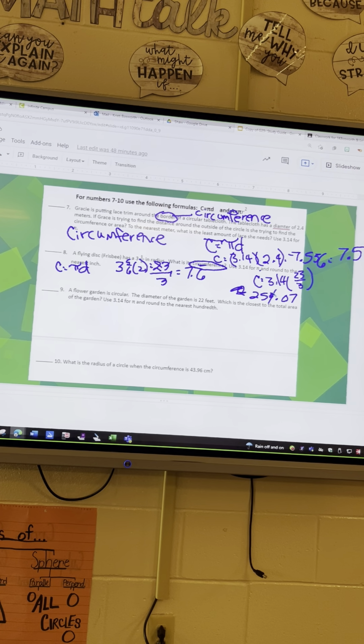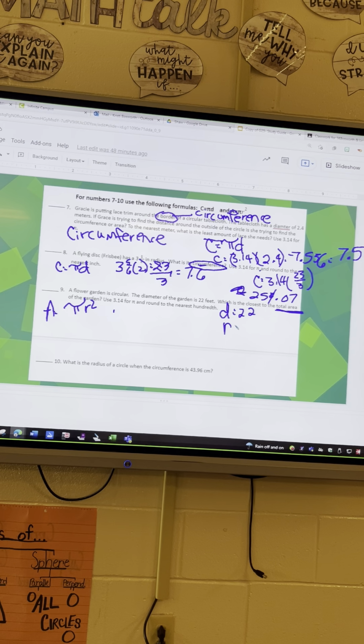A flower garden is circular. The diameter is 22. What is the closest total area of the garden? Let's underline total area. The area of a circle is area equals pi r squared. We're given the diameter, so D is equal to 22.